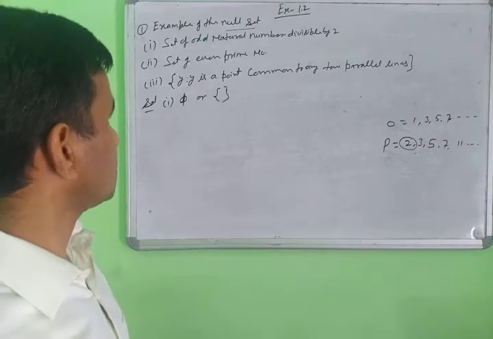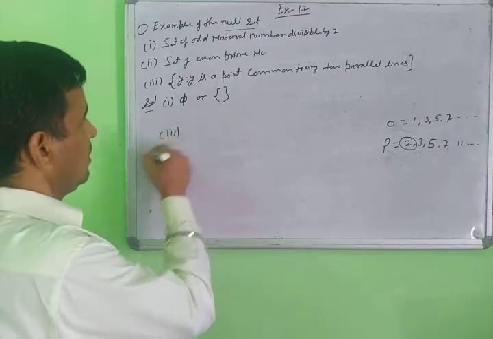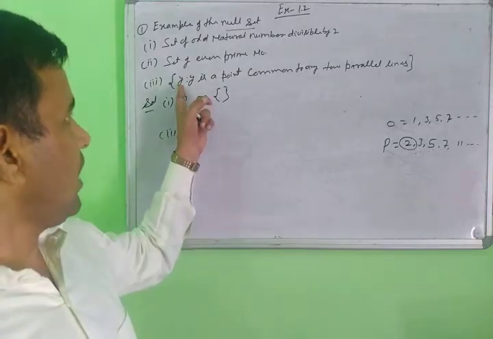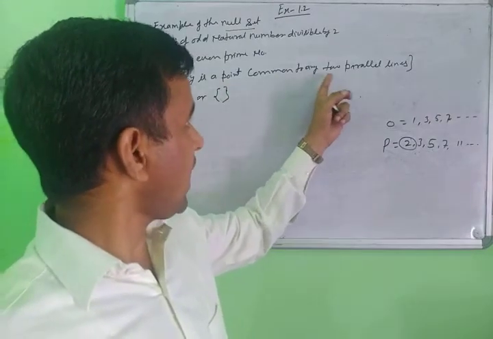This second is not an example. Third part: y such that y is the point common to any two parallel lines.